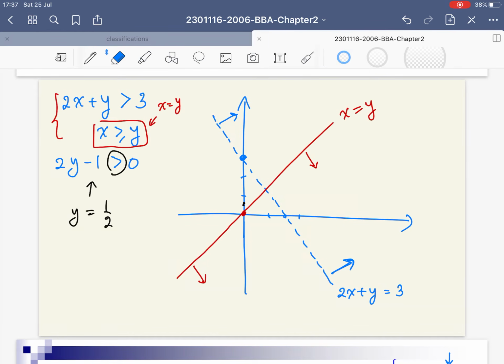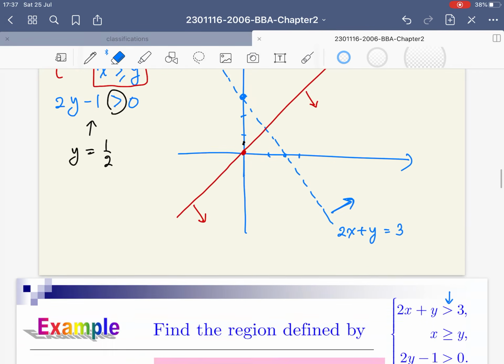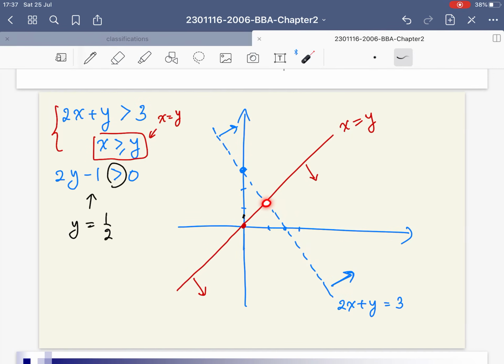So you are going to find the intersection here first, between x equals y and 2x plus y equals 3. Because here you have x equals y, you just plug in, so 3x equals 3.